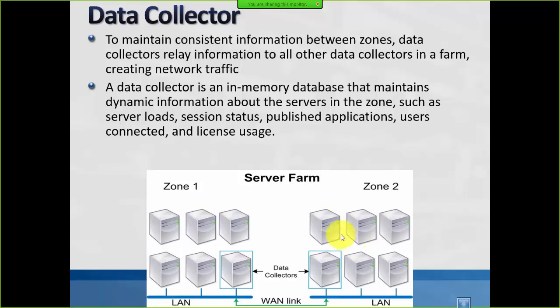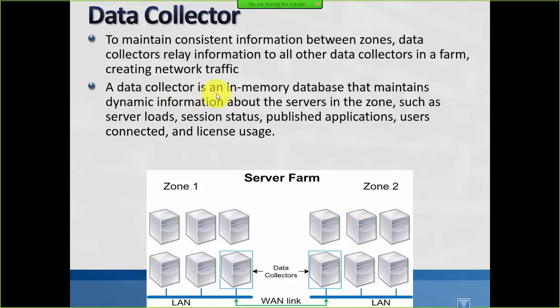Is there a NetScaler available there for relay of all this information faster? And so, for all the information between two farms, the data collectors of that farm will tell the other farm, hey, we have this much configuration and this is going on, these many applications.